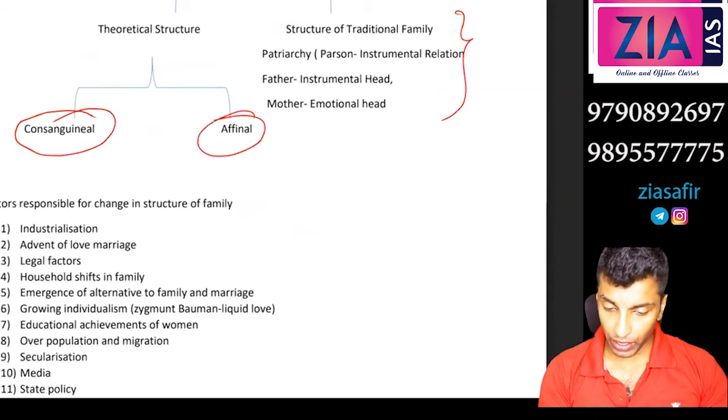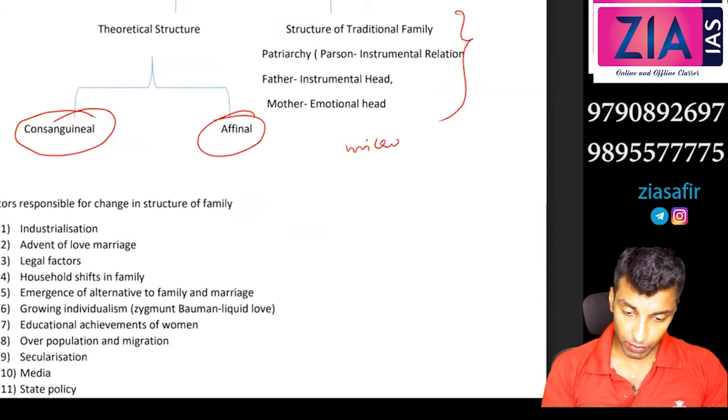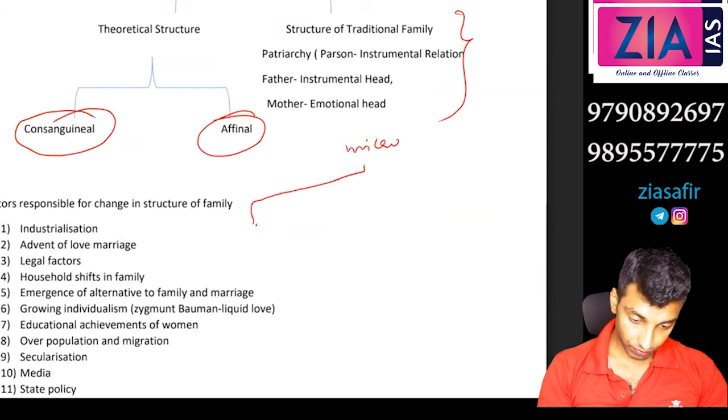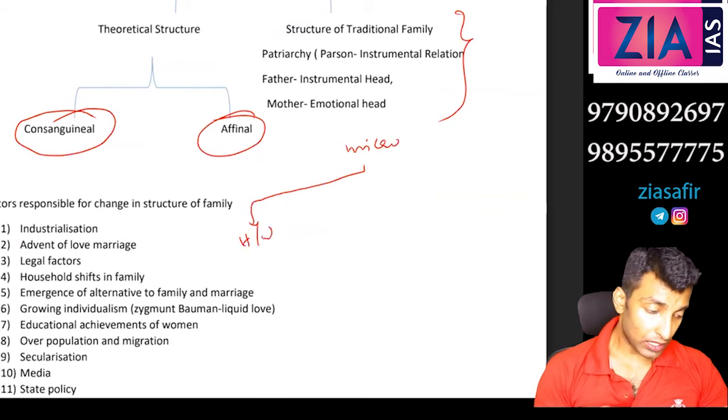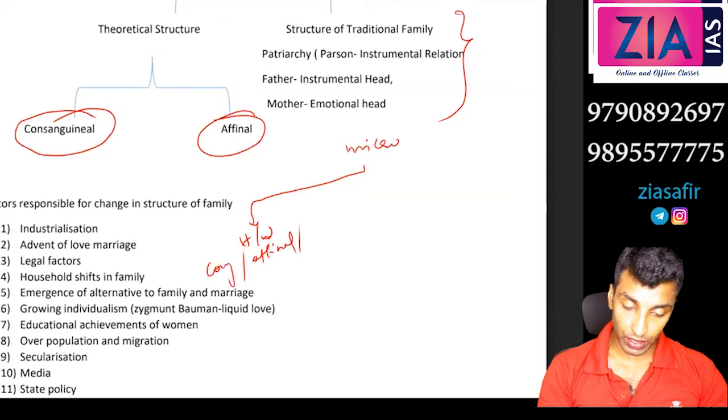If you go for a micro level analysis, if it is a 20 marker, you have to talk about the relations between members. First you talk about husband-wife. So husband-wife, what type of relation is it? Conjugal, right? Or affinal, a married relation.